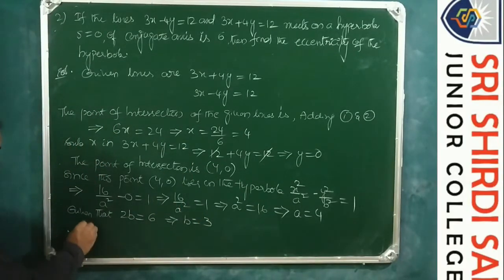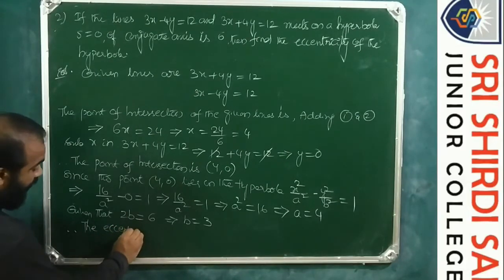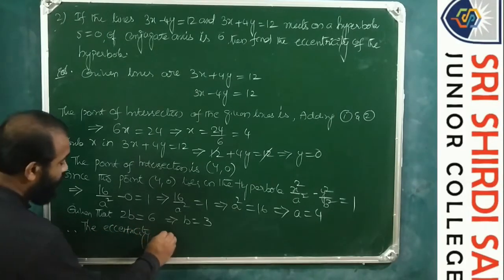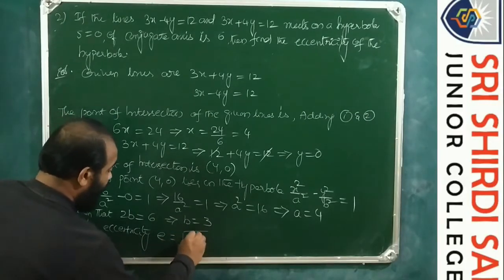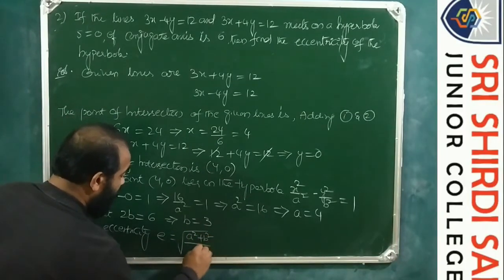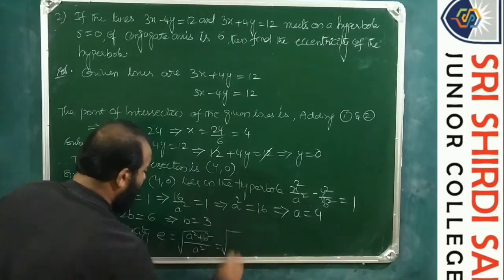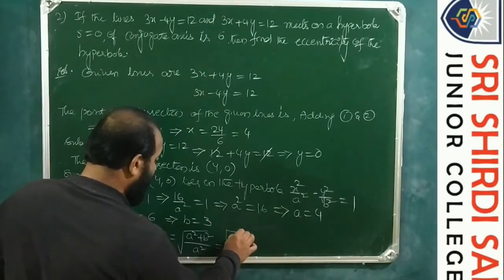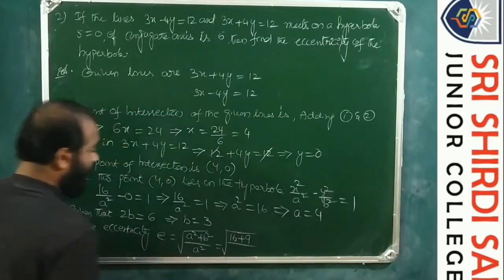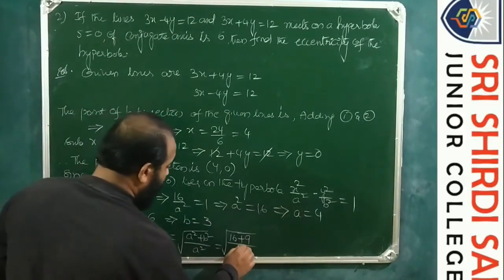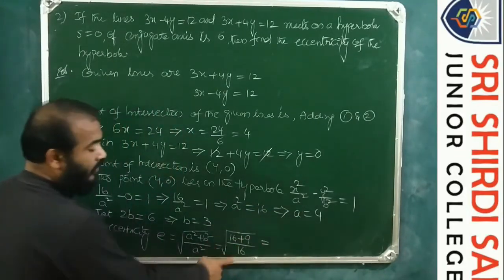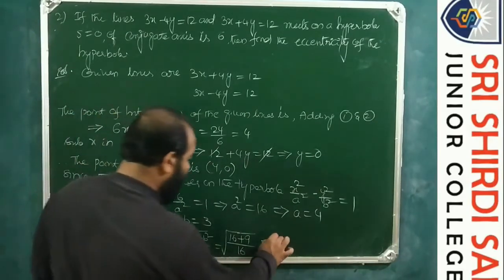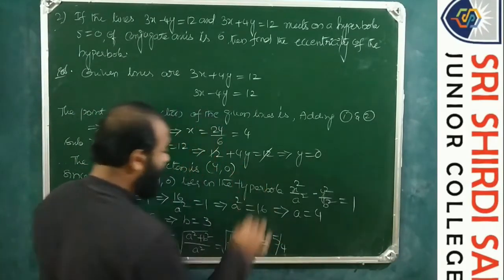Therefore the eccentricity e is equal to the square root of (a square plus b square) by a square. That is the square root of (16 plus 9) by 16, so root 25 by root 16. This is 5 by 4.